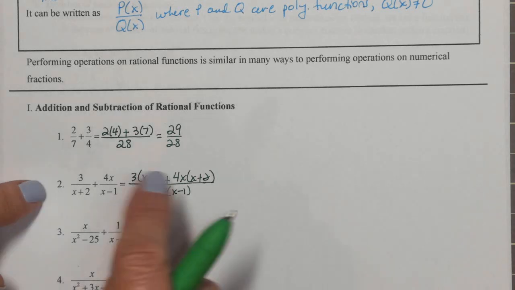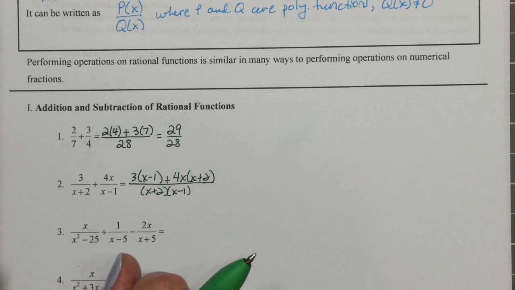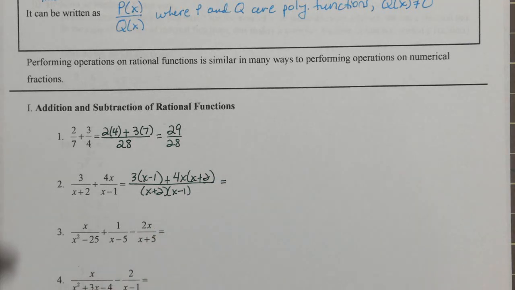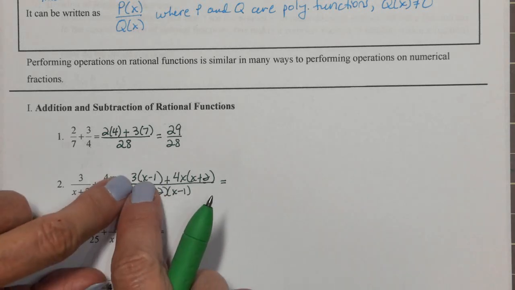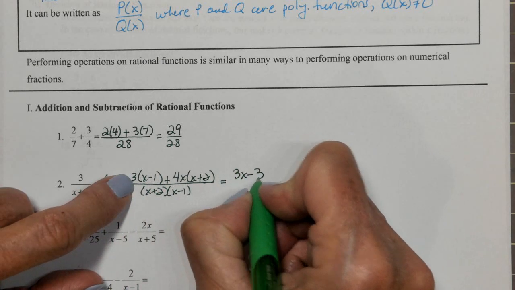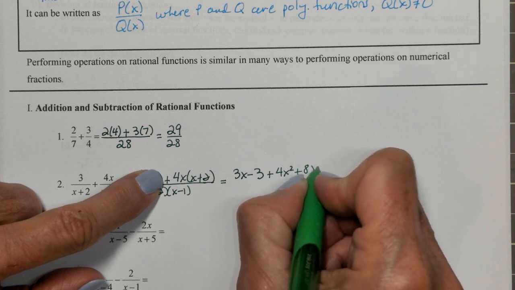Okay, and we did add these two rational functions together. Next year in calculus, that would be a safe spot to stop. However, we're going to simplify this. I have found out that on FRQs for the AP Precalculus class, you are still required to simplify. So we're going to distribute the top here, so 3x minus 3 plus 4x squared plus 8x.